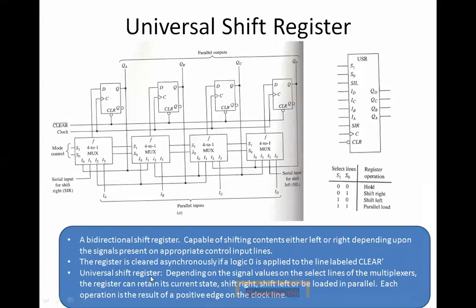Universal shift register, how does it function? Depending on the signal values on the select lines, based on S1 and S0, it can take the values of inputs. The register can retain its current state, shift right, shift left, or be loaded in parallel. Each operation occurs on the positive edge of the clock.